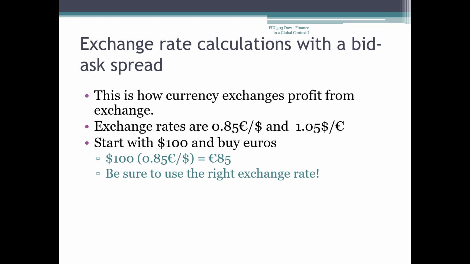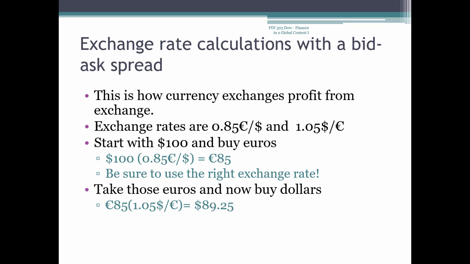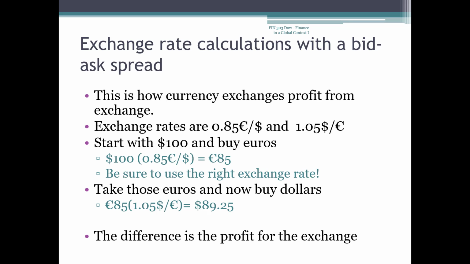Be sure to use the right exchange rate. Use the canceling test if you're unsure. We take those euros and buy dollars. 85 euros multiplied by $1.05 per euro is $89.25. We started with $100 and ended with a little more than $89. The difference is the profit for the exchange.